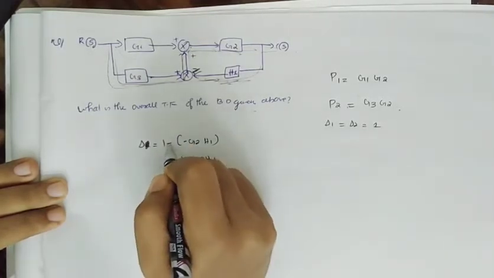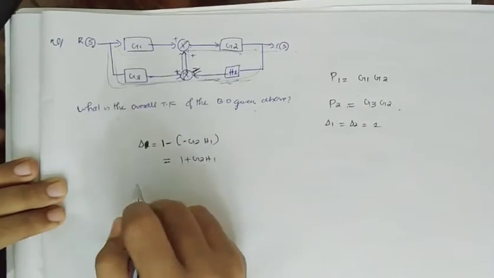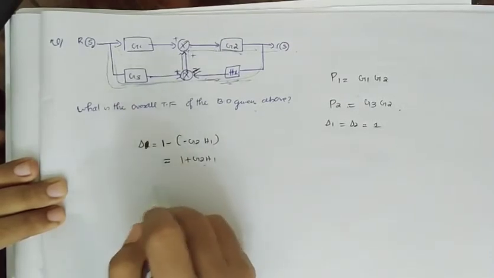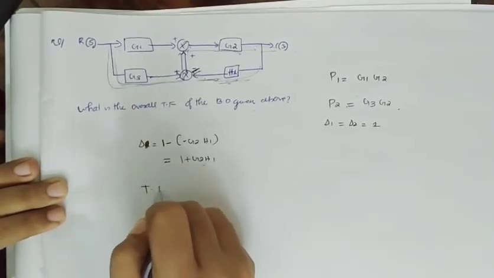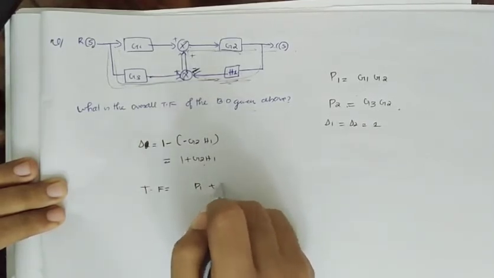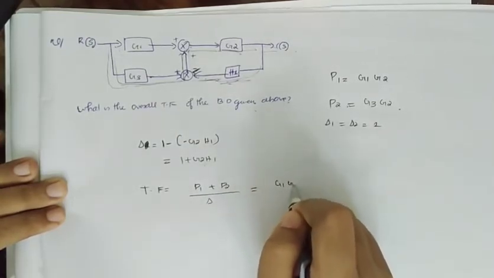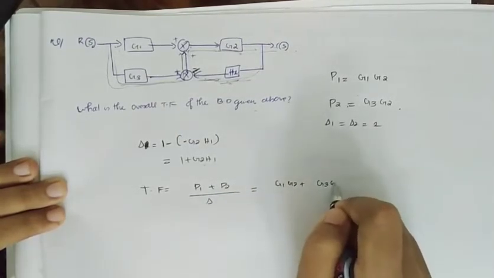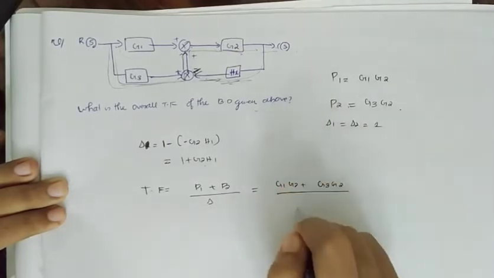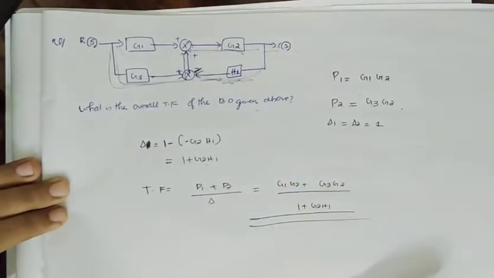Now we'll see the transfer function. The transfer function is equal to P1 plus P2 divided by delta. That is G1 G2 plus G3 G2 divided by 1 plus G2 H1. So this is the answer.